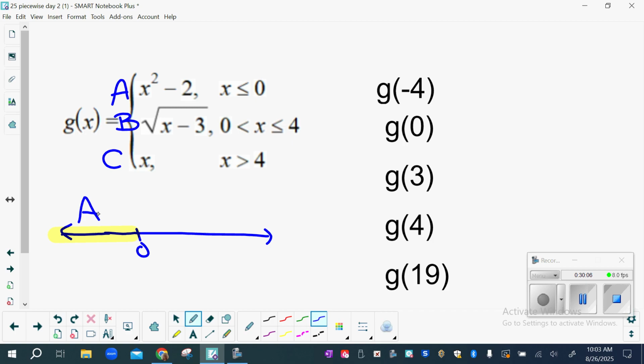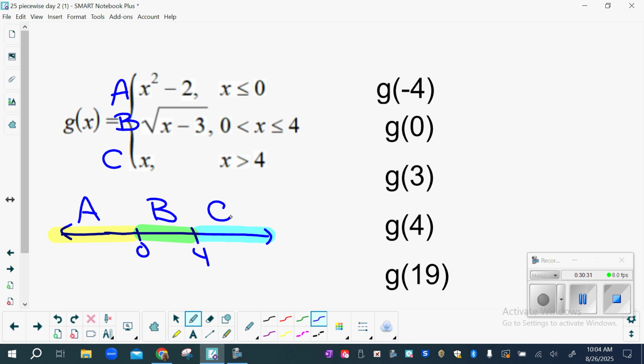Because this says anything smaller than 0, plug into me. This guy says use me if you're between 0 and 4. So if we have stuff between 0 and 4, right there, I'm going to use the B guy. And finally, last but not least, anything bigger than 4, I'm plugging it in to the C guy.